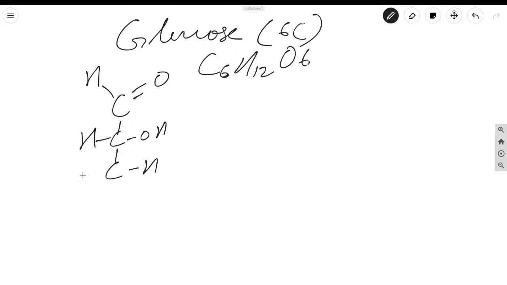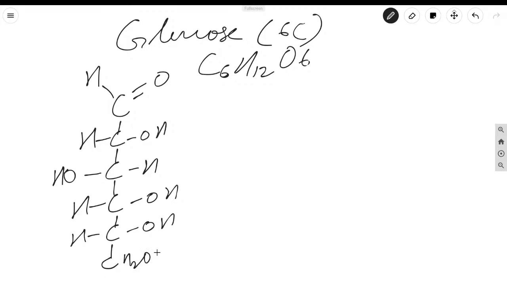But at the third carbon, this side will be H, this side will be OH. 1, 2, 3, 4, 5, 6. You can count, it will be C6H12O6. This is your D-glucose. That is the meaning of D-glucose.